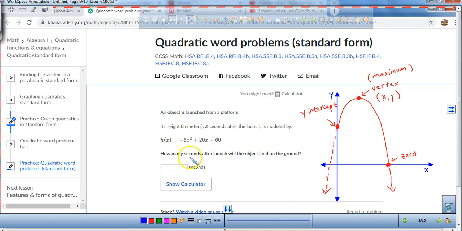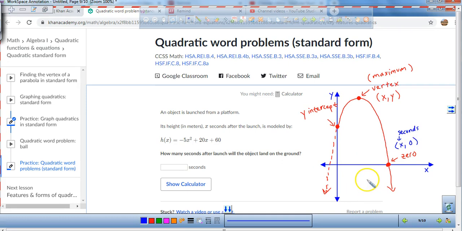It says, how many seconds after launch will the object land on the ground? So if an object is shot up into the air and then eventually it hits the ground, that means you're actually looking for the 0. So basically you're looking for the x value when the y value is 0. x represents the number of seconds, and that's what we're going to find for our answer.